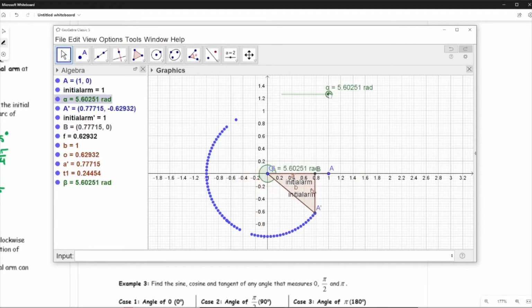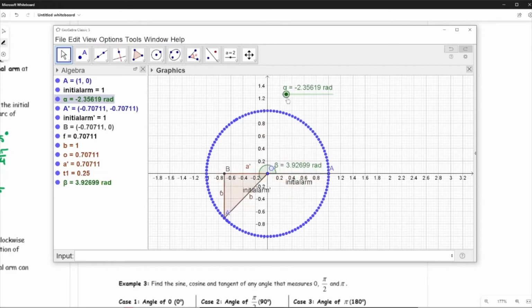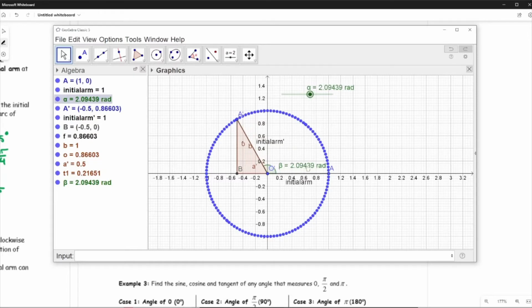Finally, in quadrant 4, we can do the same thing. So we can draw a right triangle in all 4 quadrants, and in each one we can still be connected to the original angle that we were supposed to draw.